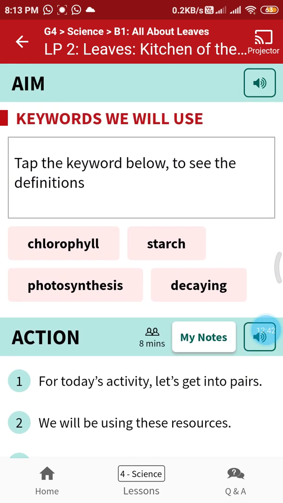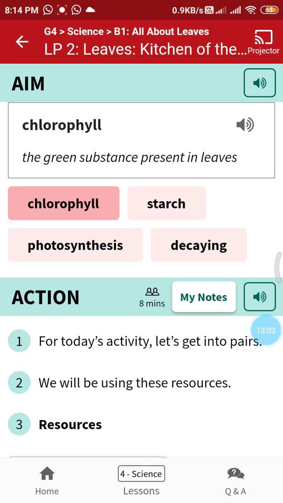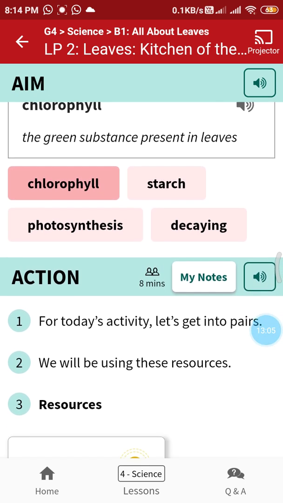Okay, now we will see what all the different words came in this block and their meanings. The first one is chlorophyll. Chlorophyll means the green substance, the green part present in the leaves. Most of the leaves appear green in color because of the presence of chlorophyll.